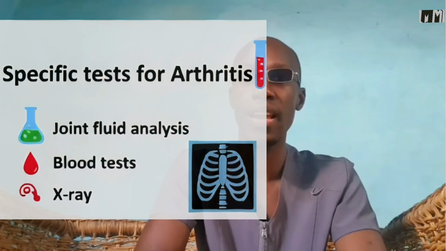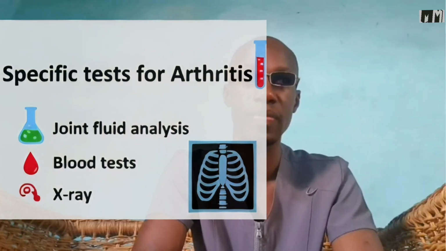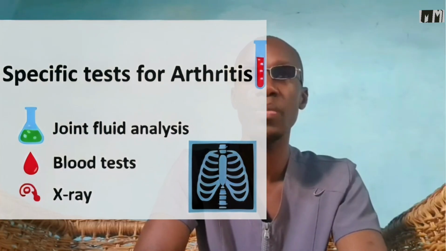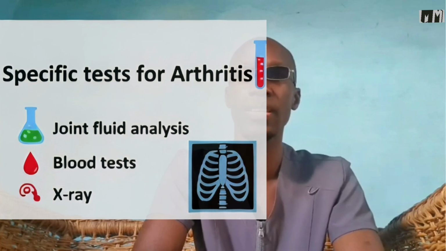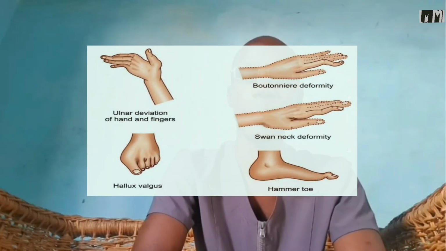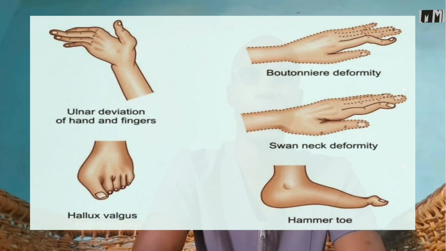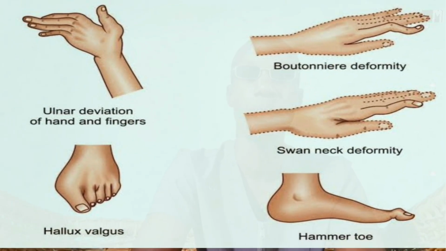Whereas ultrasounds and MRIs are very significant in that they give detailed imaging of the wear and tear on the joint, and even including the surrounding tissues. In that aspect, they can be very important to identify if the arthritis has also led to wear and tear of the surrounding tissues, maybe the tendons, the cartilage that hold the joint together.